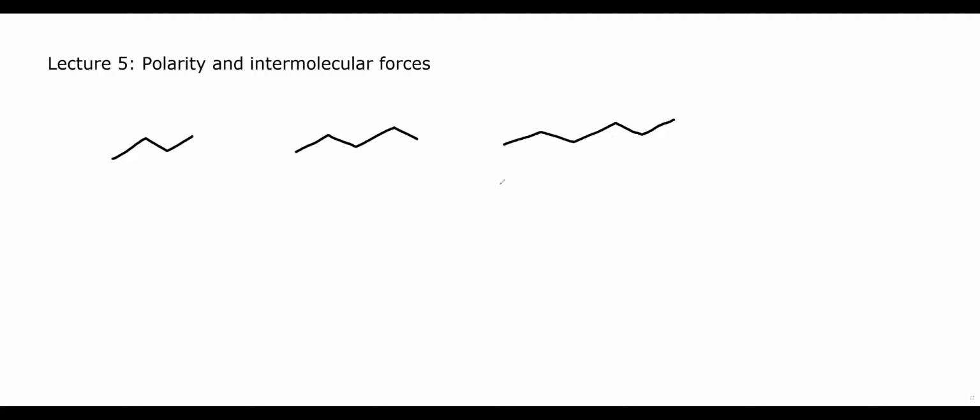This is butane, pentane, and hexane. And their respective boiling points will be 0 degrees, 36 degrees, and 69 degrees. This is very straightforward to understand. As we increase molecular size, as we increase molecular weight, we increase the boiling point.